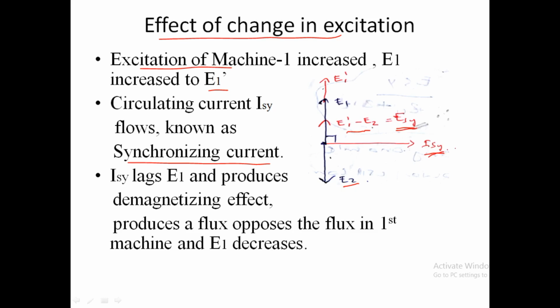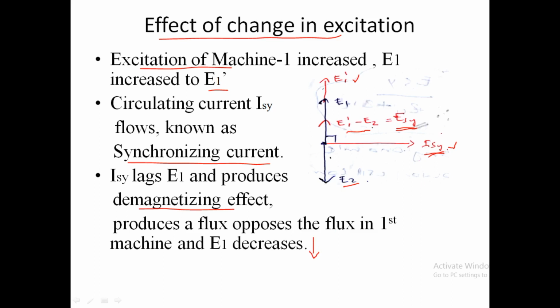You can see here that ISY lags E1 dash by 90 degrees. Whenever a current lags by 90 degrees, it produces a demagnetizing effect, as we discussed in armature reaction. So this current produces a flux which opposes the flux in the first machine, and E1 starts to decrease.